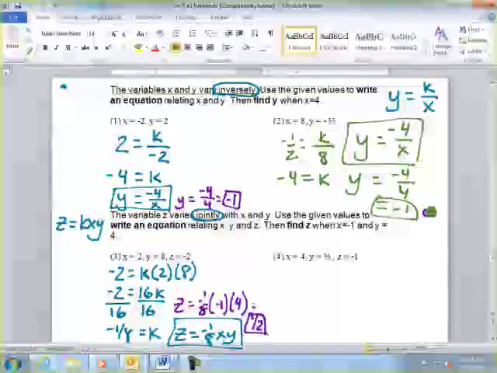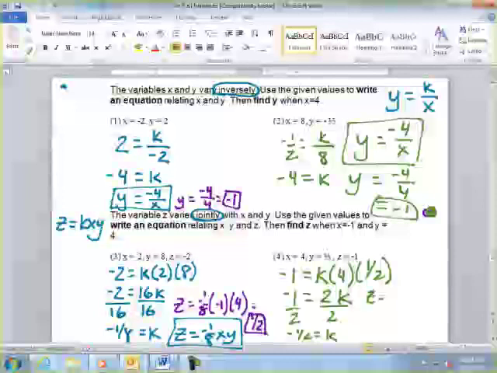For number 4, that gives 2. And dividing out by that 2 gives us a k-value of -1/2.